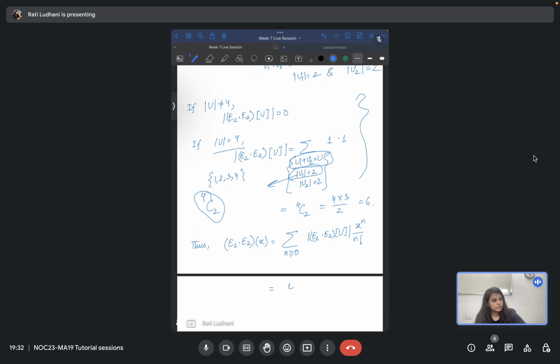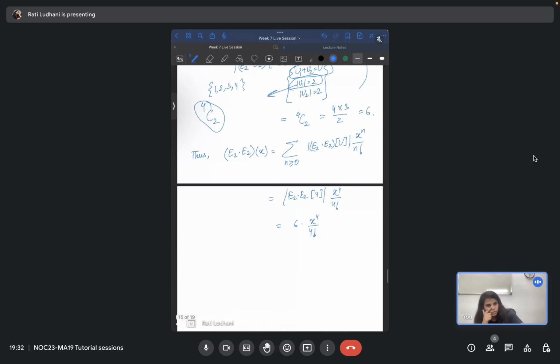So you write E2 dot E2 of U with cardinality 4, x raised to power 4 by 4 factorial. So you'll get 6 into x raised to power 4 by 4 factorial, which is 1 by 4, so x raised to power 4 by 4. Okay, so this is your exponential generating function for E2 dot E2.